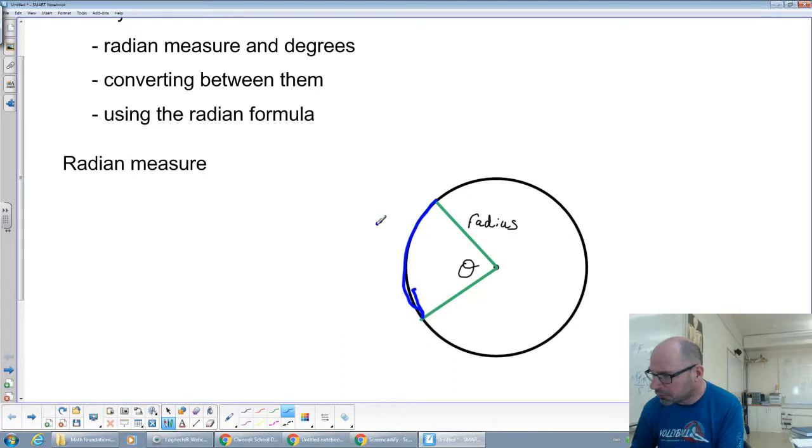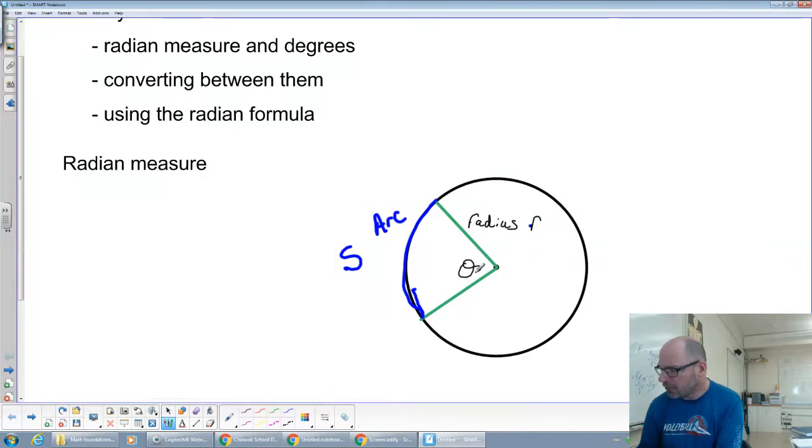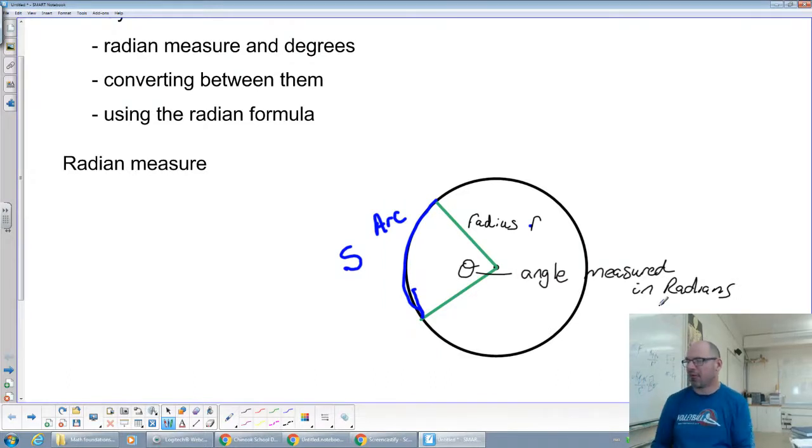And the symbol we're going to use for arc is S. And the symbol that we're going to use for radius is a small r. And this is going to be the angle measured in radians. So theta represents the angle measured in radians.